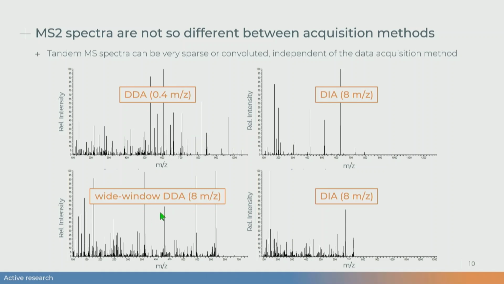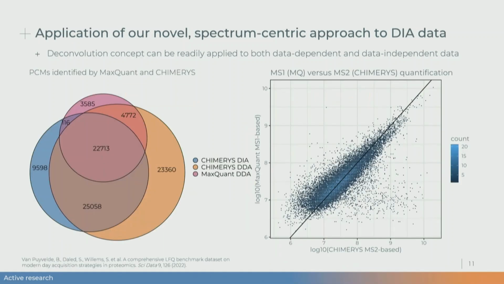We also have a wide window DDA scan and another DIA scan. So you can't really decide just by looking at the spectrum whether it's DDA or DIA. And we would argue that we should analyze these spectra in the same way. Hence, we would like to use a unifying approach to MS/MS spectra interpretation.